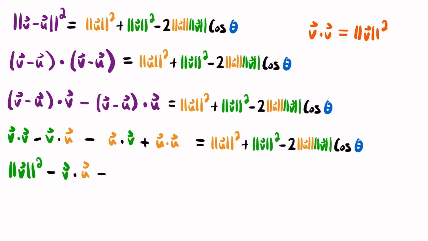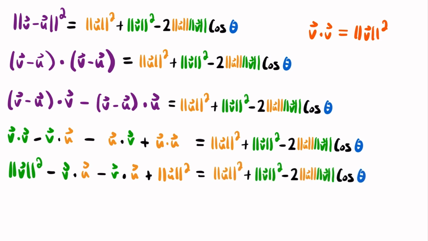But actually the order in which you write the dot product of vectors doesn't matter. So to make it look more like this term, I'm going to put vector v first. The dot product is commutative, so we can do this. So we'll have vector v times vector u again, and then we'll add vector u multiplied by itself, which we're going to rewrite as the magnitude of vector u squared. All right, and that's still equal to all of these terms.